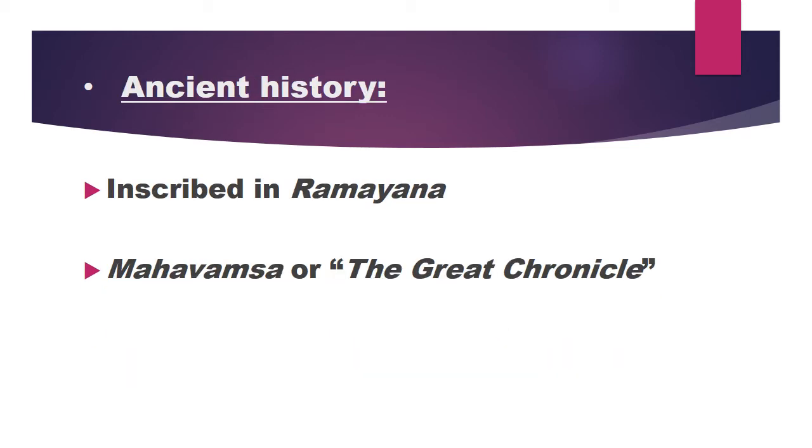Let's go to the ancient history of Sri Lanka, which is inscribed in a Hindu epic called Ramayana. Ramayana is based on a Sri Lankan king named Ravan, and he was defeated by an Indian prince called Ram, etc. So there is some ancient history of Sri Lanka in Ramayana, and there is another book named Mahabhansa, or the Great Chronicle.